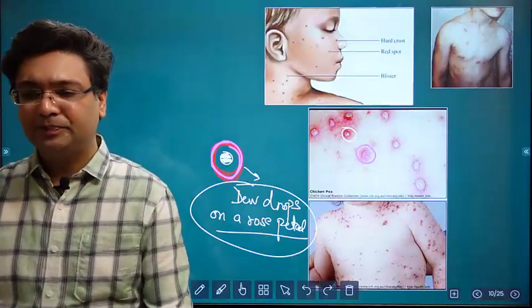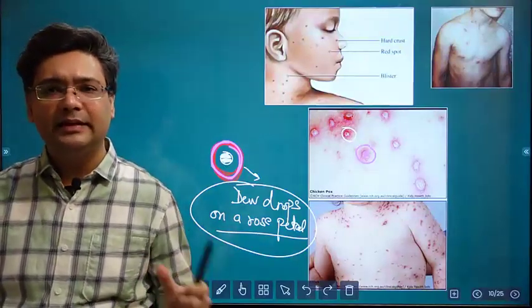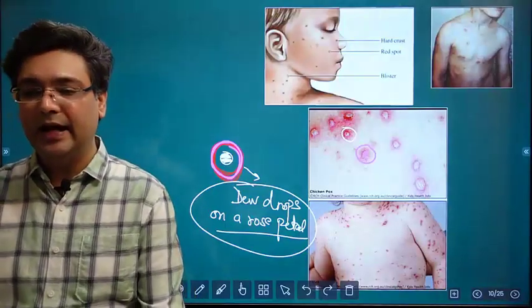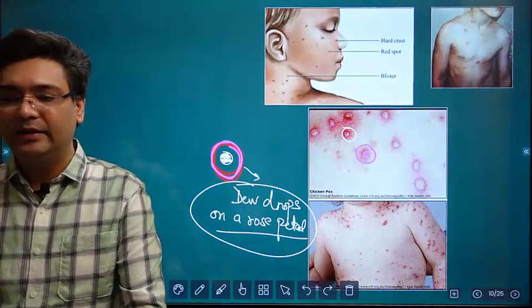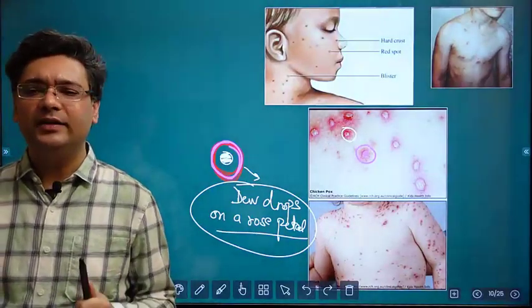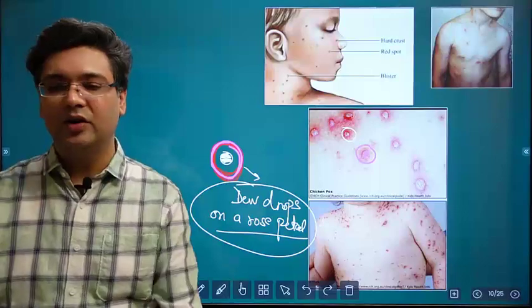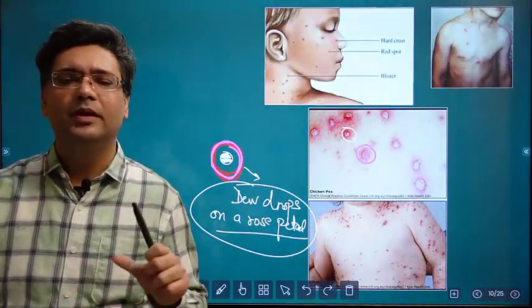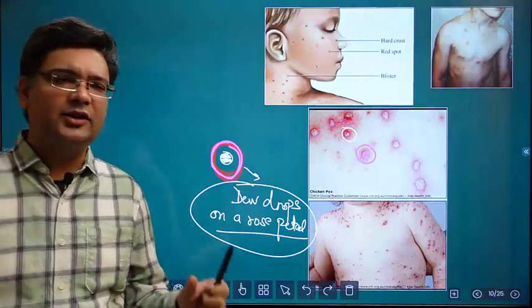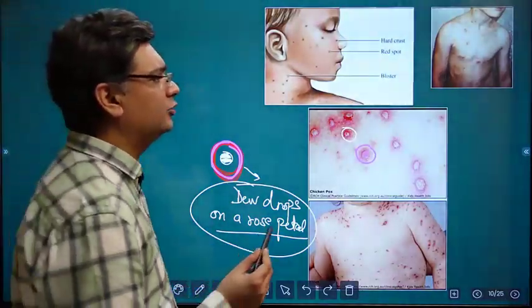Sometimes this redness may extend up to 7 days as well. This rash starts roughly 2 days after the initial problem started, and when the rash appears, it later starts to crust.